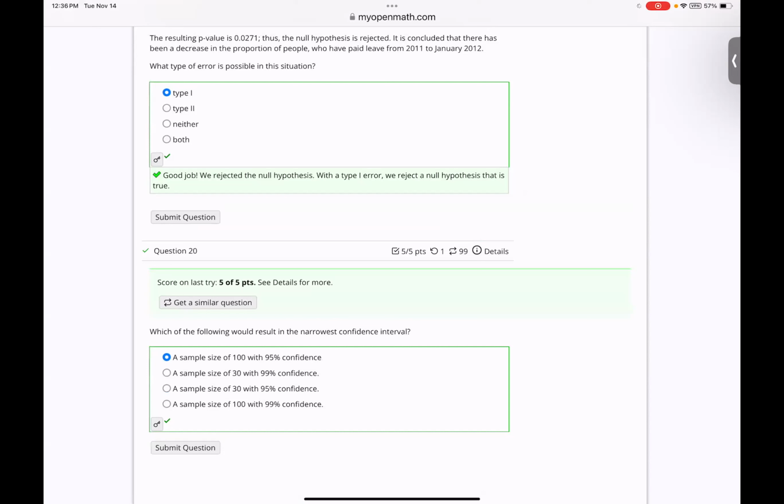What also will decrease the size of your confidence interval is decreasing the confidence level. So the smaller your confidence level, the narrower your confidence interval. I'm getting all mixed up. But anyway, it would be the largest sample size with the smallest confidence level, and that would be the first choice. And that concludes the review.